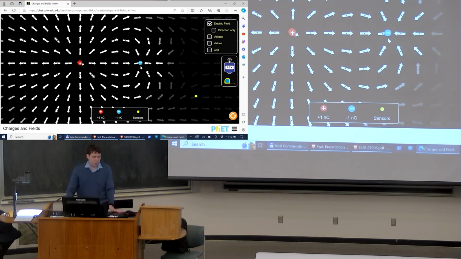It's 5 times smaller, and it weakly perturbs the field of this one in a big region of space, but still very close to the negative charge, it will look like the electric field of this negative charge. All right.